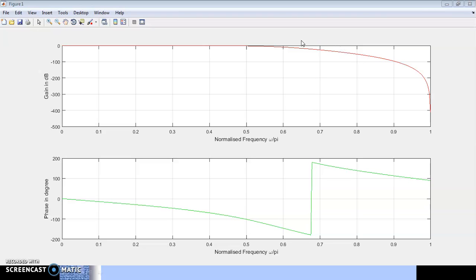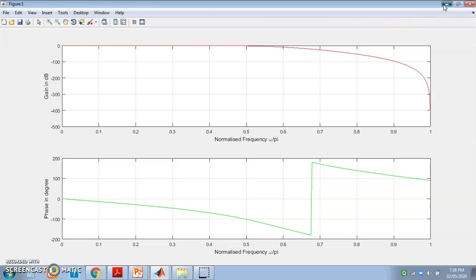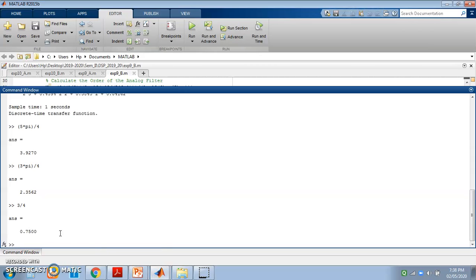Here in the magnitude response, it is observed that we are having the cutoff frequency which lies between 0.7 and 0.8, because we entered the frequency 3 pi by 4, and if we normalize that value, that is 3 pi by 4 divided by pi, it is just a ratio of 3 by 4, and it is about 0.75.